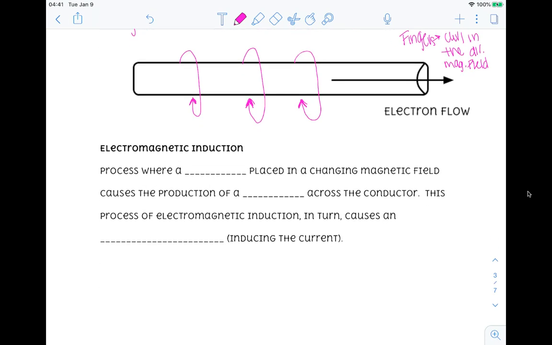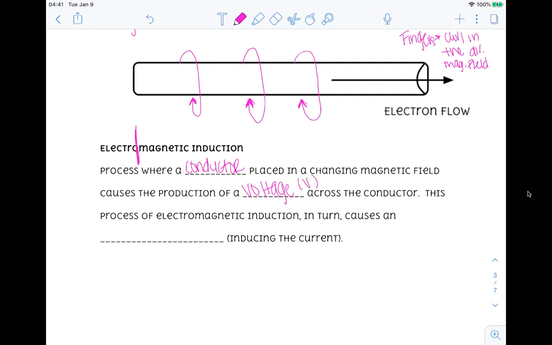Lastly, when we talk about electromagnetic induction, electricity and magnetism together, this is where you have a conductor, something that is able to conduct electricity or allow for charge flow, placed in a changing magnetic field, causing the production of a voltage or a potential difference that we call V across that conductor.